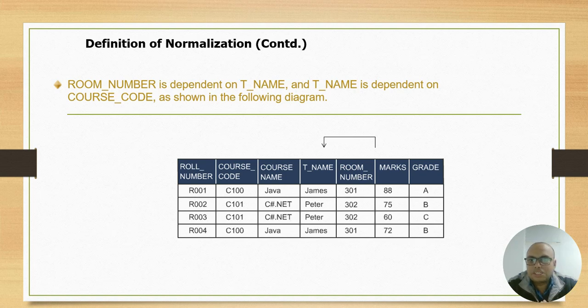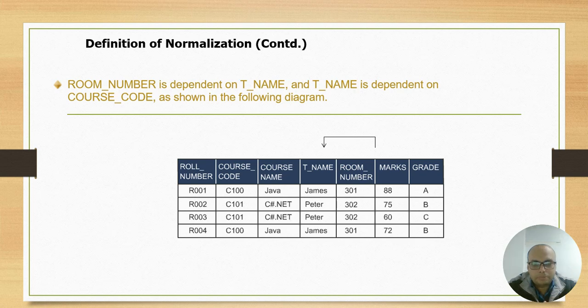So today's session we are going to discuss the types of normalization, the continuation of normalization, right? Last session we discussed functional dependency, like one object depends upon another object, like room number depends upon teacher name, and teacher name depends upon course code, as shown in the following diagram, right?